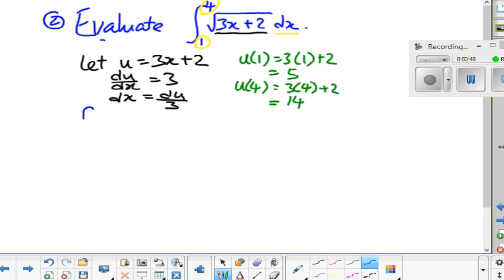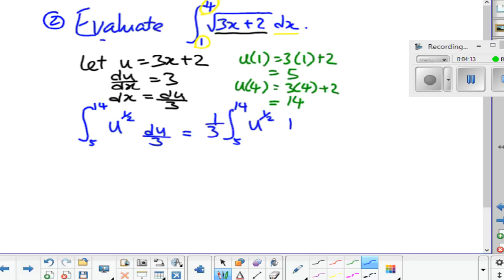That is, my new integral will be from 5 to 14 of u to the power of 1/2 times du over 3. Or rewriting this will be 1/3, bring out the constant, from 5 to 14 of u to the power of half du.